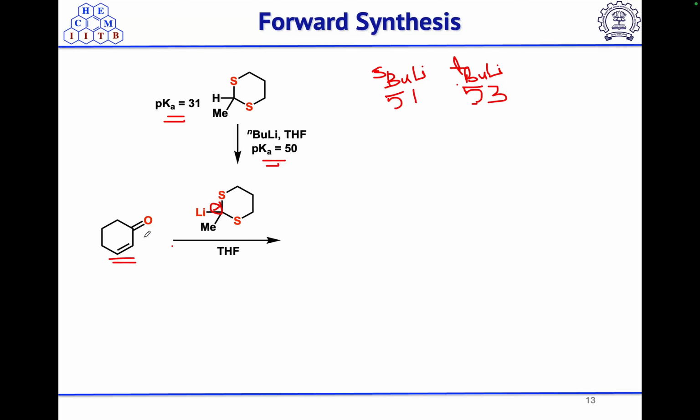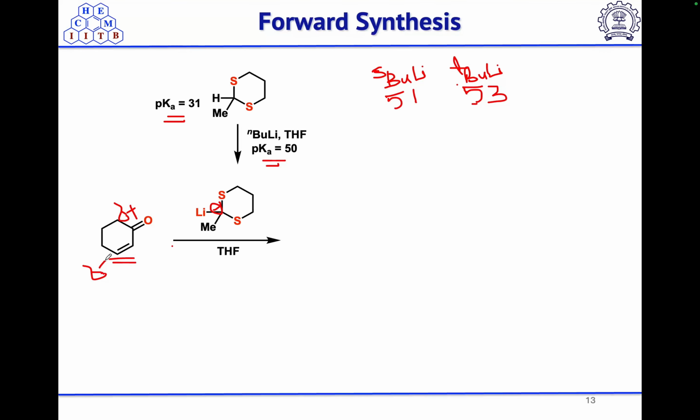Now if you see, this cyclohexenone is having two electrophilic centers, right? The first one is this carbonyl carbon, the 1,2 position, and the second one is this beta carbon, the 1,4 position.